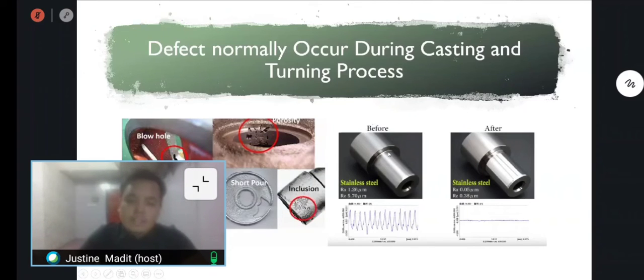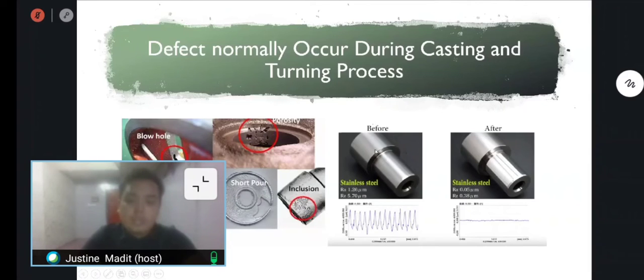As you can see, before the finishing surface, usually an inexperienced machinist will have a rough surface, because they do not have much experience in handling it.